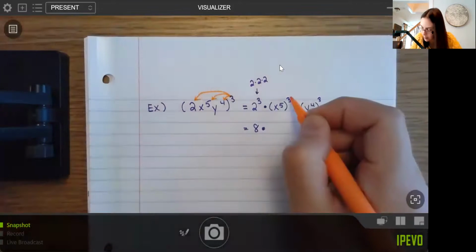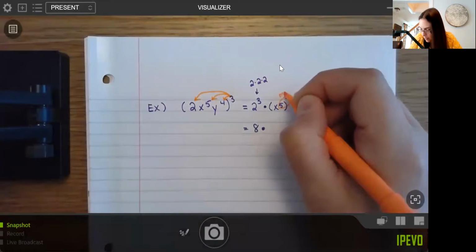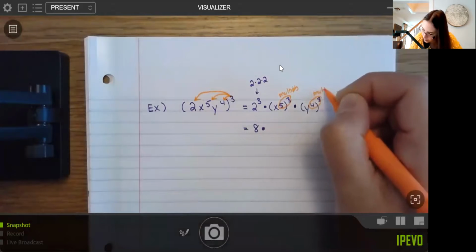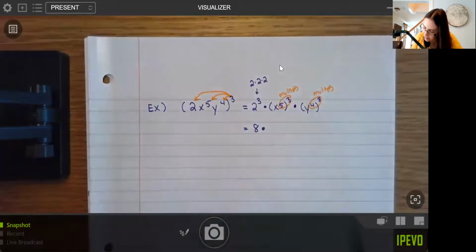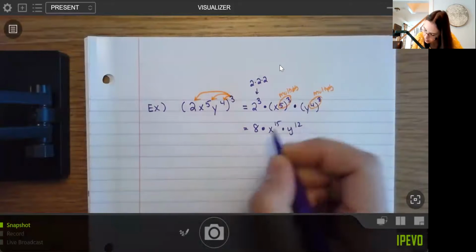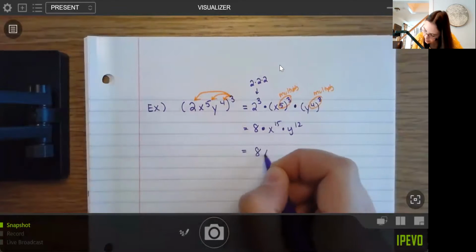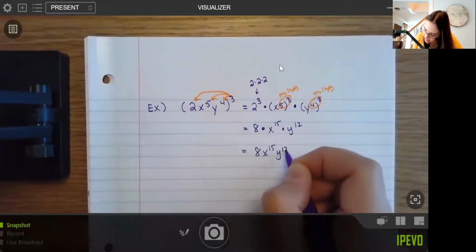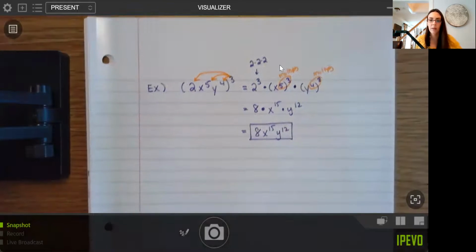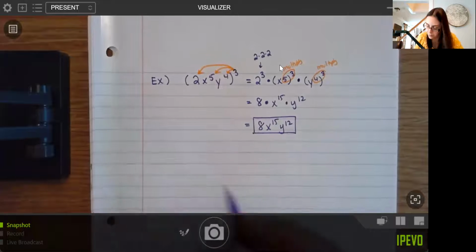And here I have that double exponent, so I'm going to go ahead and multiply, and I'm going to do it again here. So I have x to the 15, and then y to the 12th. So my final answer is 8x^15 y^12. And again, if there's no symbols in between, it's always implied multiplication. So we don't have to write those extra symbols in.